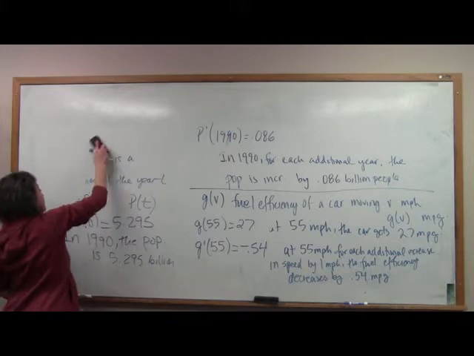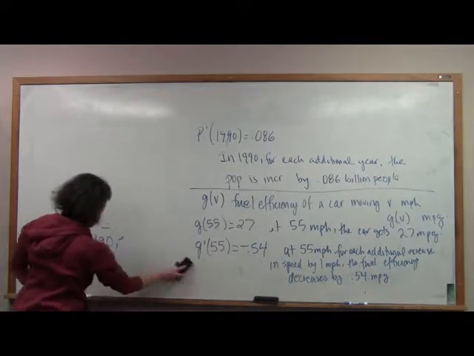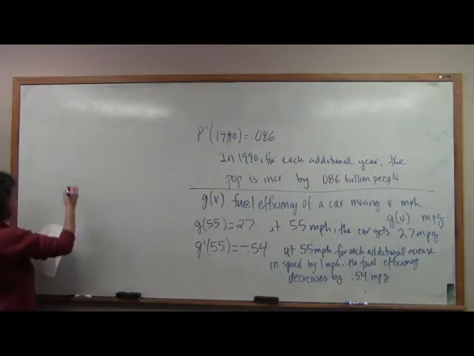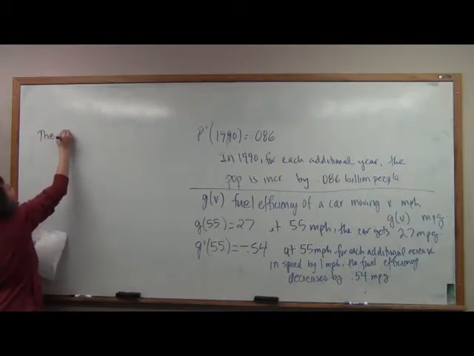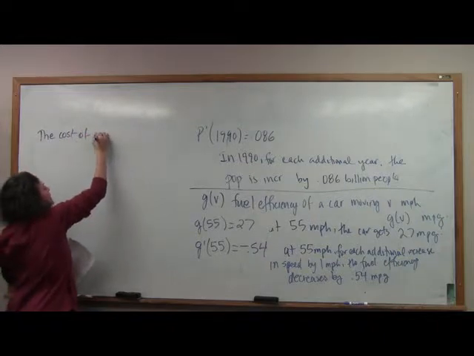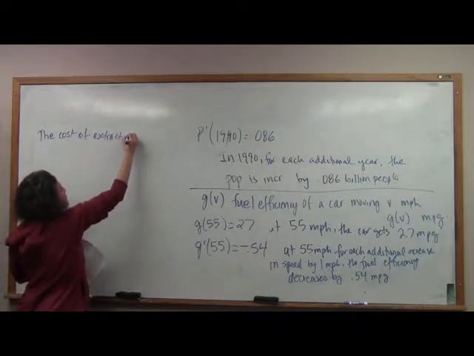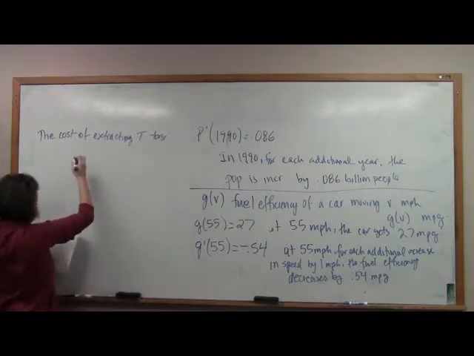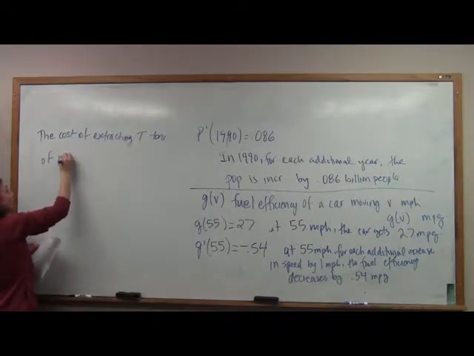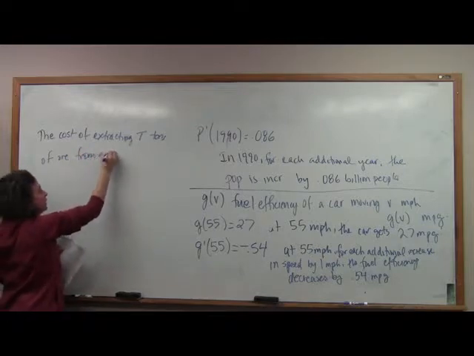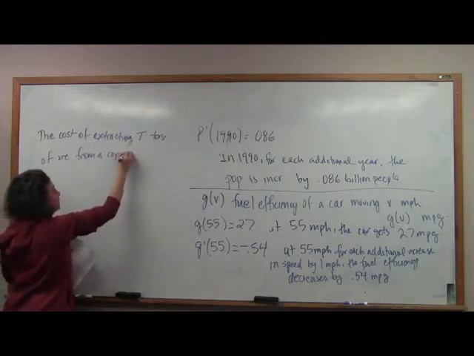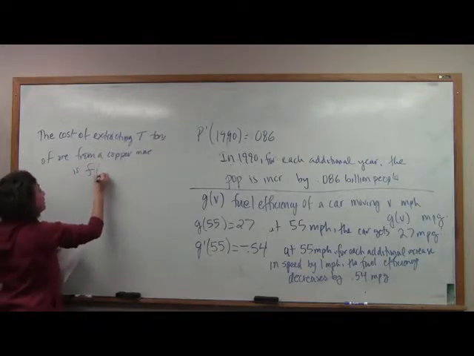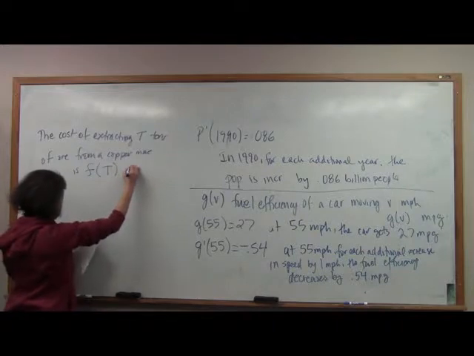All right, one more just to be sure that we have sufficient examples. What if I say that the cost of extracting T tons of ore, say from a copper mine, is F of T dollars.